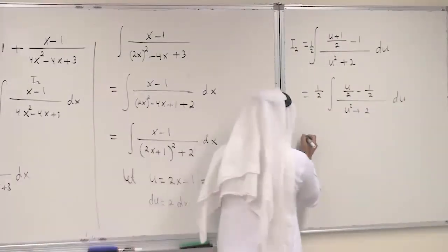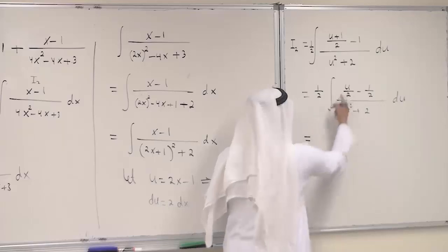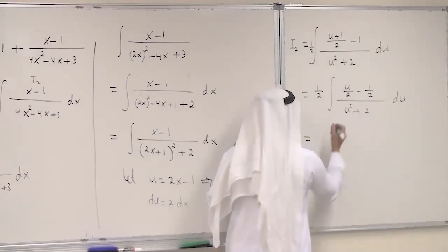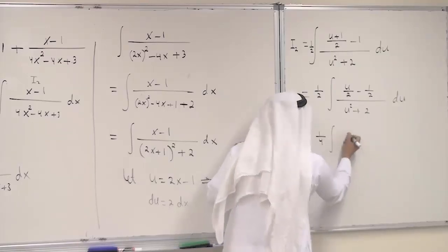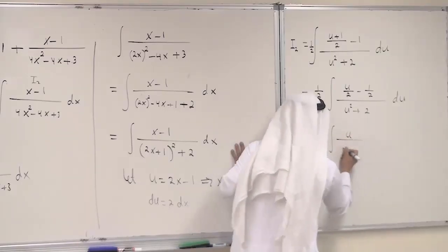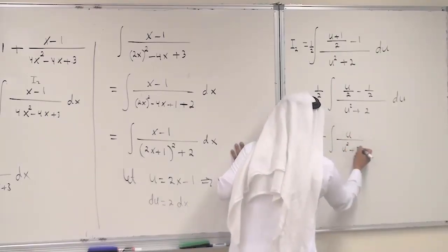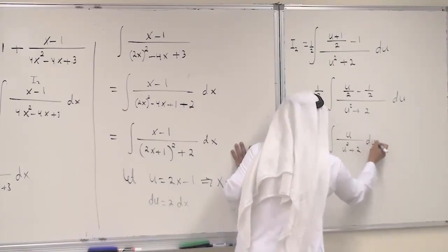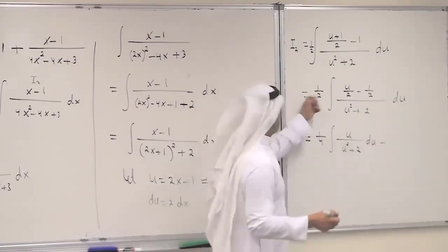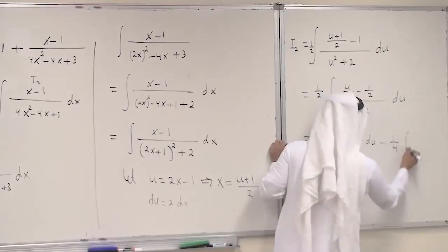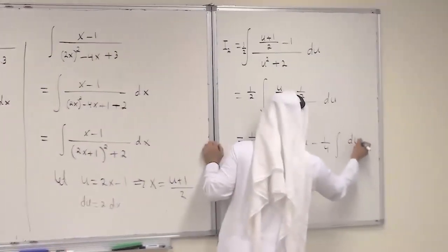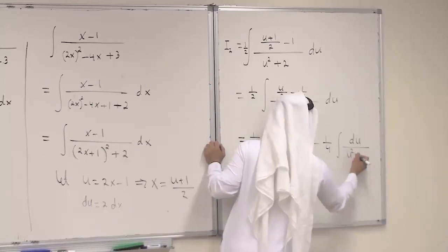The first integral, taking this term over this, is 1 over 4 integral of u divided by u squared plus 2 du minus, we have 1 half times 1 half again, so it is 1 over 4 times the integral of du over u squared plus 2.